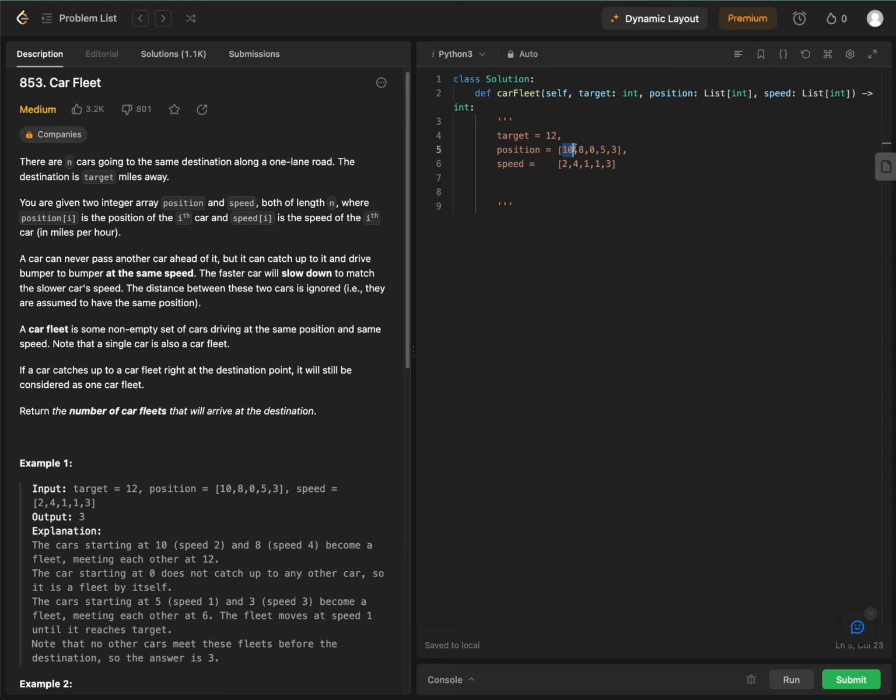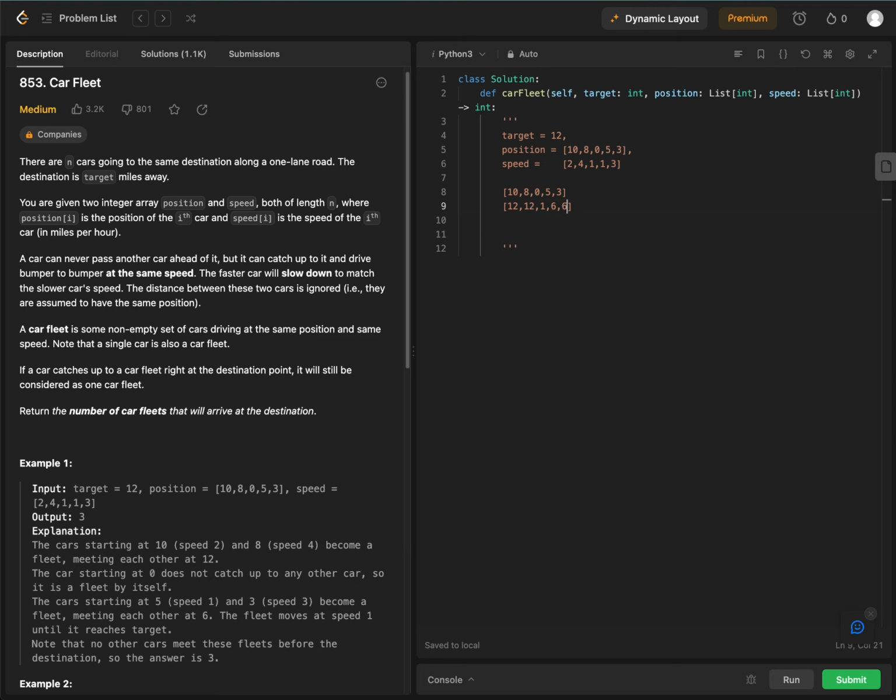So let's just play everything forward. Position plus speed: everything increases by its speed, so this becomes 12, 8 plus 4 becomes 12, this one increased by 1, this one increased by 6.